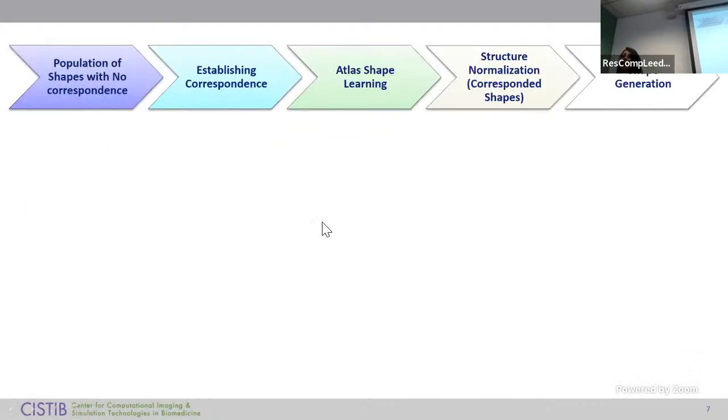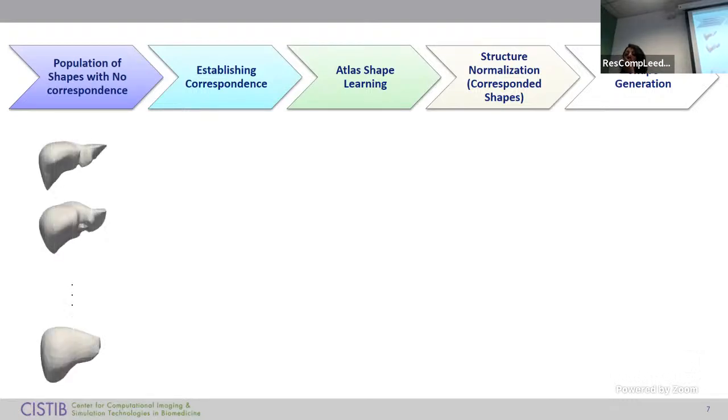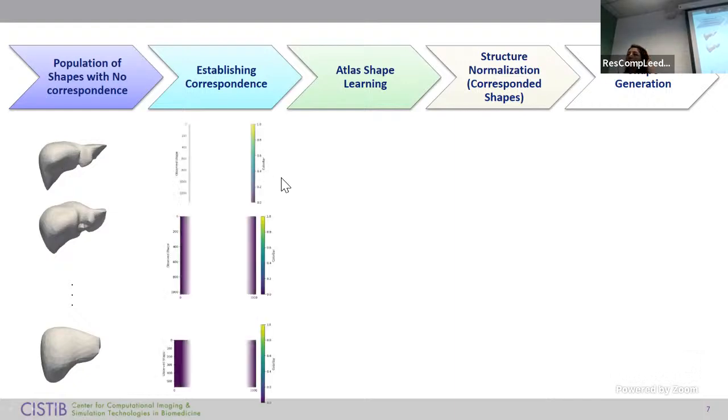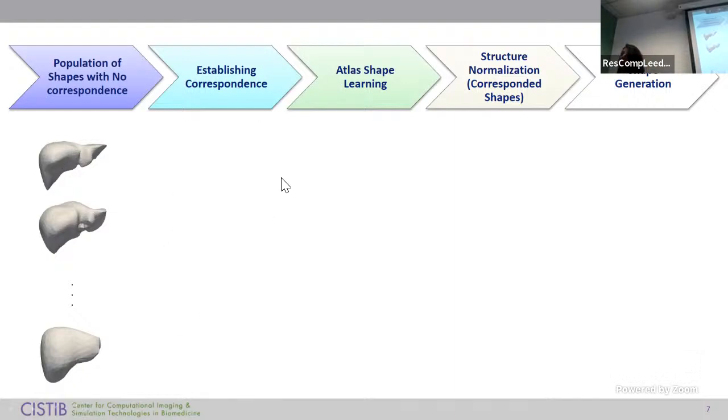Here is a short pipeline of our proposed method. Given a population of shapes like livers, we can see that all livers related to different patients have different structures, meaning a different number of nodes and different adjacency matrices.